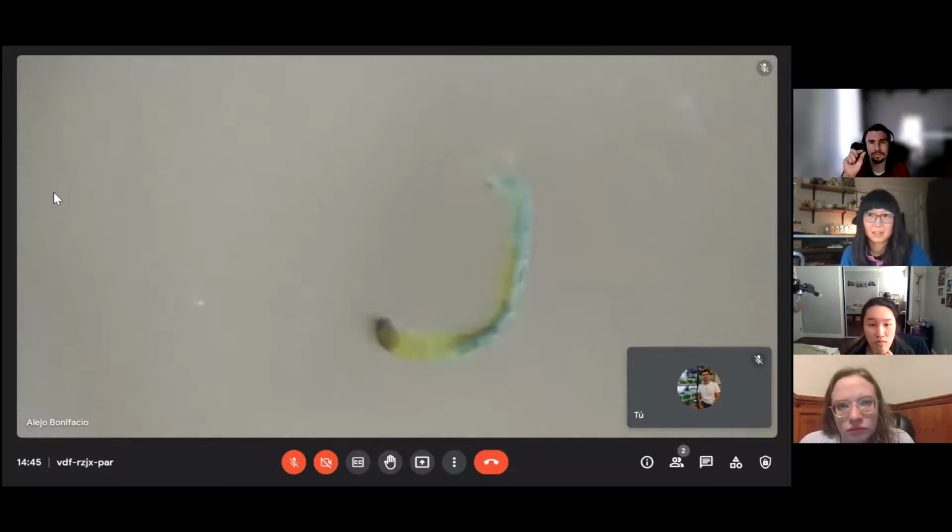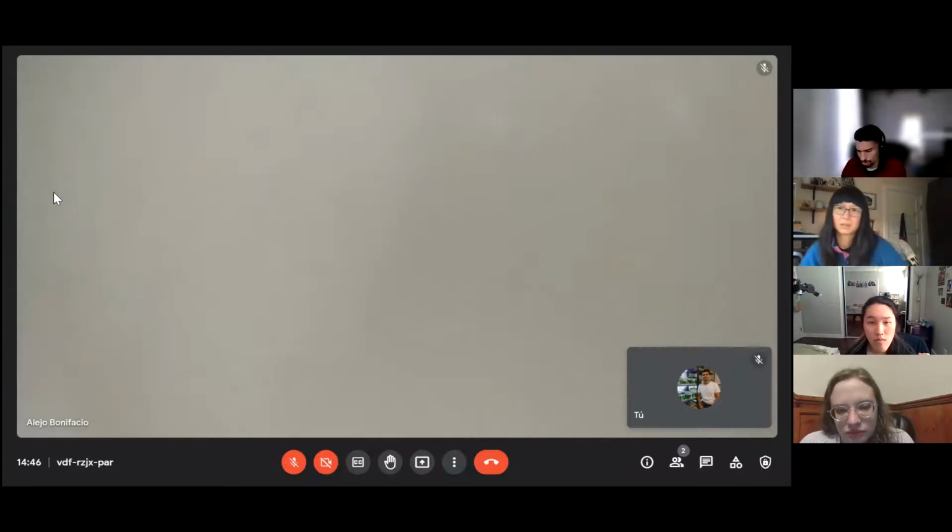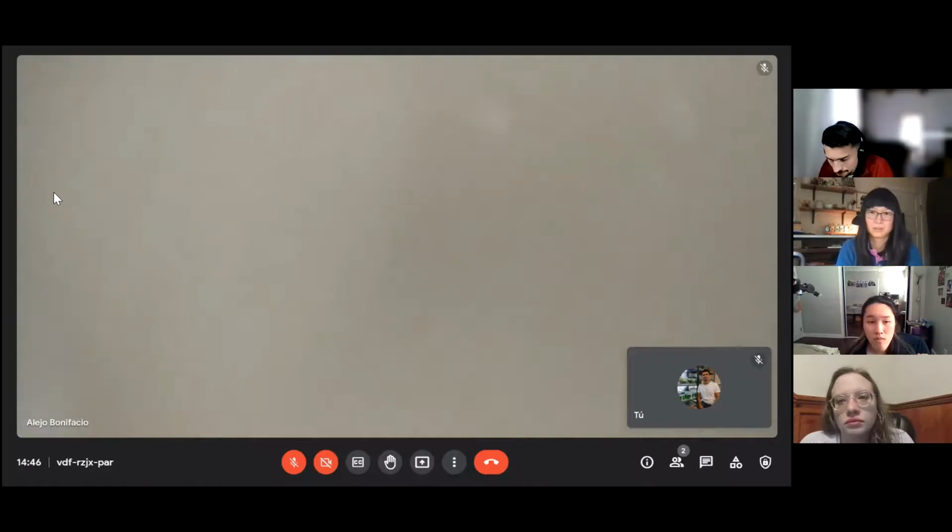In the first stage, after they leave the egg, they are very small and very tiny, and you can only see them in detail on the microscope. And I'm going to show you also a mayfly, and you can see the three tails that they have.